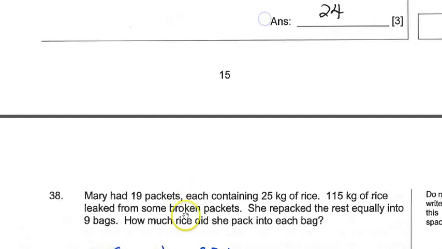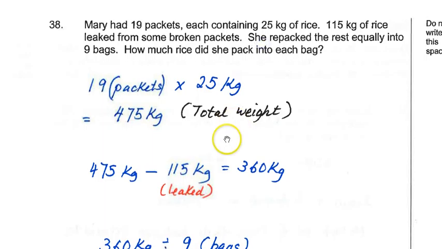Next. Mary had 19 packets, each containing 25 kilograms of rice. So 19 packets times 25 kilograms gives us 475 kilograms. That is the total weight of 19 packets. Now 115 kilograms of rice leaked later from some broken packets. She repacked the rest equally into 9 bags.